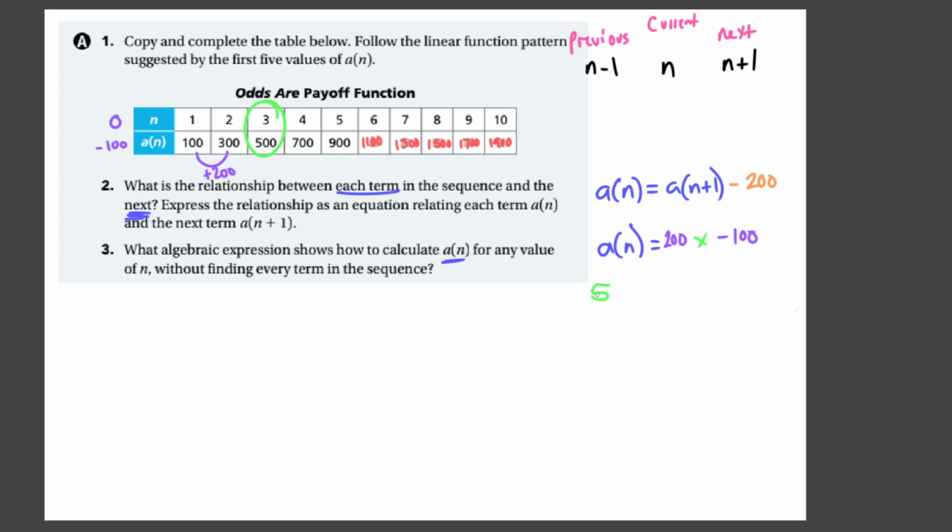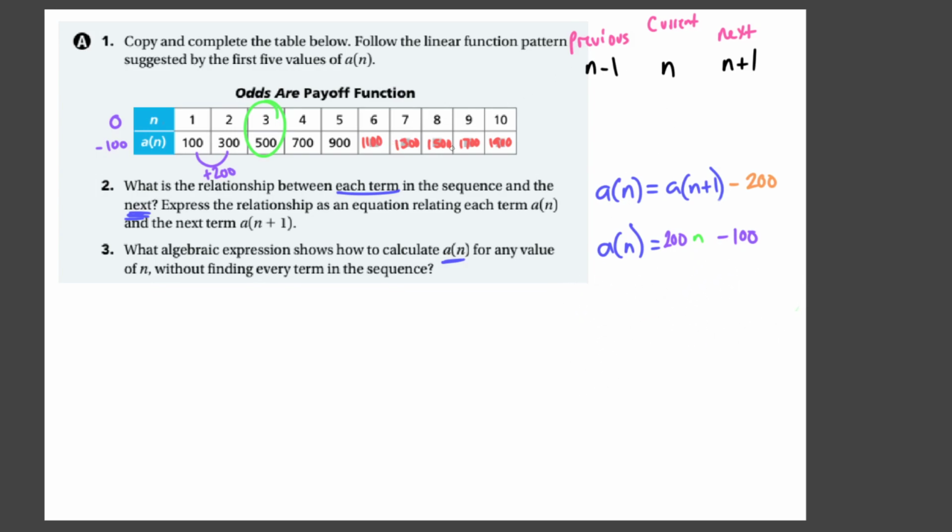So this will be 500 is equal to 200 times my n value, which is 3, minus 100. 500 is equal to 600 minus 100, and 500 is equal to 500. That checks out, so the equation works. So this would be my final equation right here.